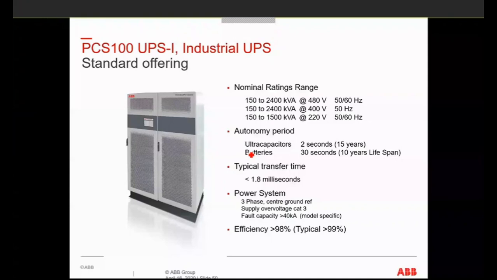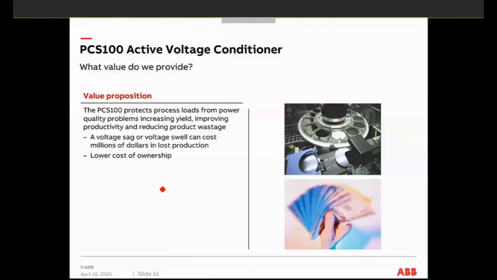It is not in bypass mode, but it is working all throughout and monitoring the system. For PCS ABC 100, our value proposition is that we give the owners more profit and save a lot of money because of their process time. The solution that we have is an industrial type, wherein you can solve issues for a very big or industrial load.